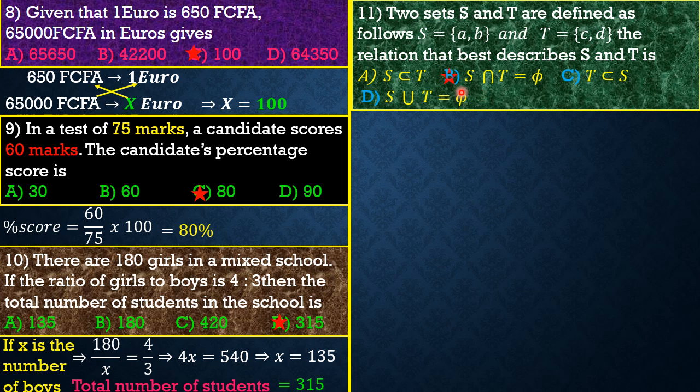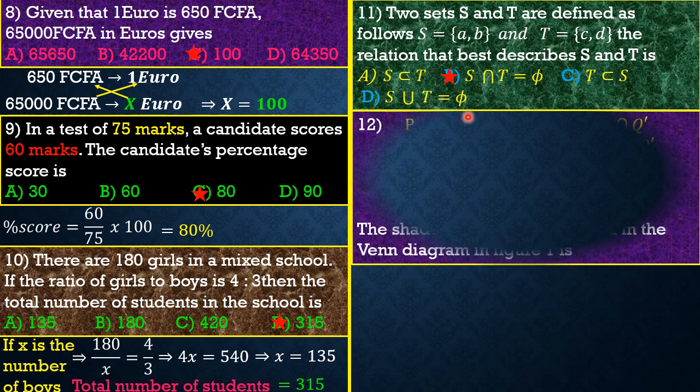So option B is the best option. Option C is saying that C is a subset of S. It is not correct. They share no intersection. Then option D is saying that S union T is an empty set. No, the union of two non-empty sets can never be empty. That's it, guys.